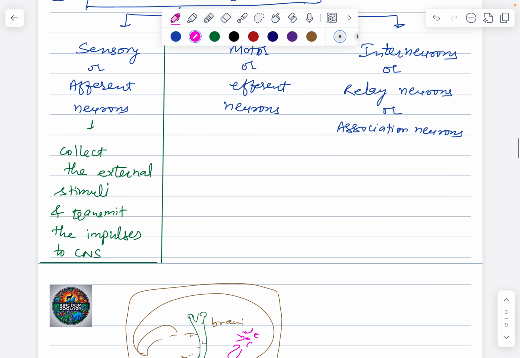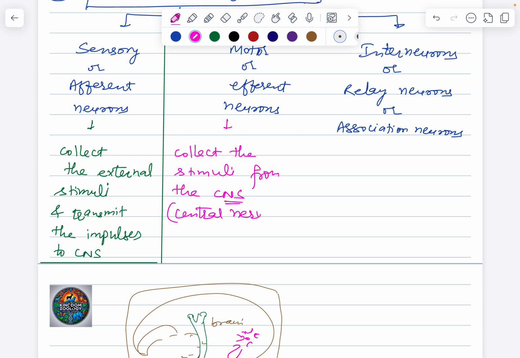So if I define it over here, motor neurons are the ones that collect the stimuli from the central nervous system, brain and spinal cord, and transmit them to the target organs.